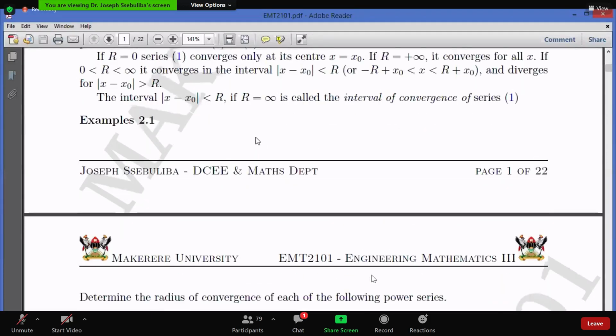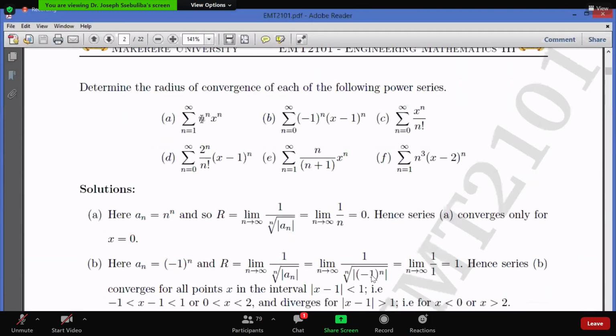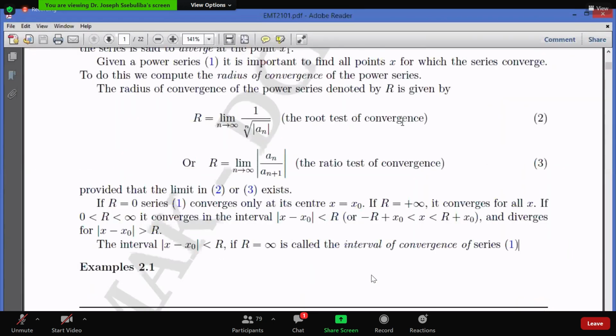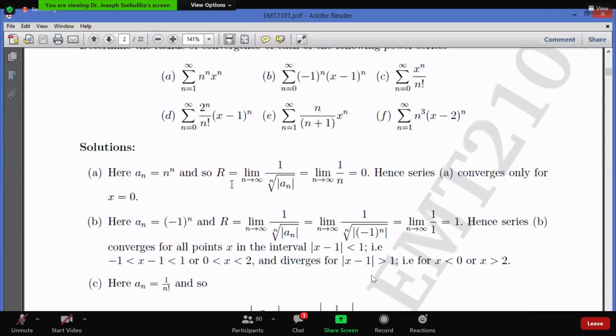Okay, this one here, because you can see it is n to the n. That's why we are saying here we can take an to be n to the n. And if that is the case, we now cite this for the root test. Since the example there is to the power n, we cite this to here. That's what we are using here.